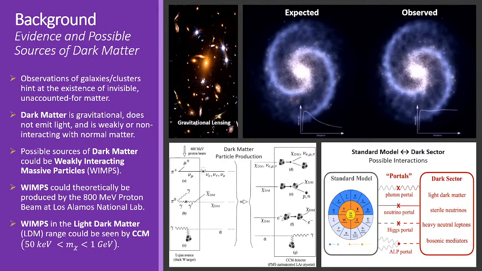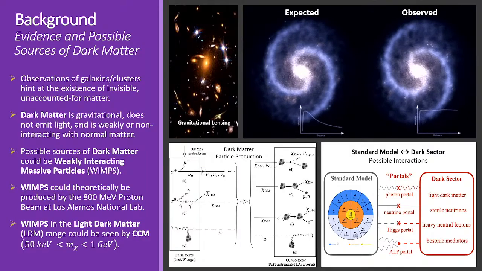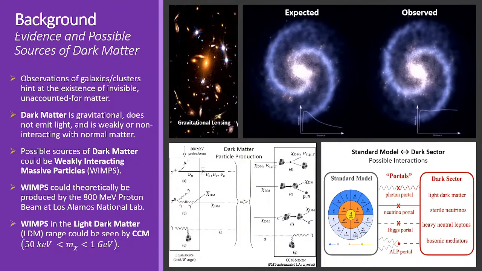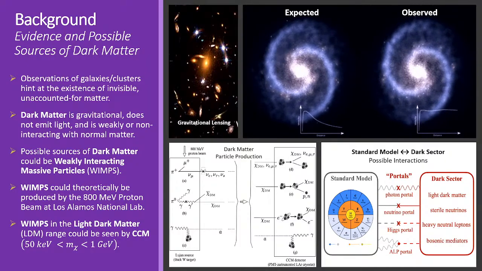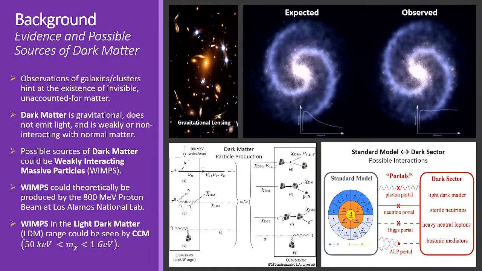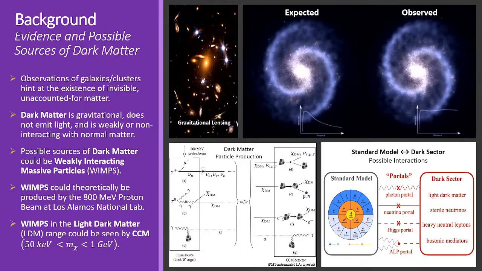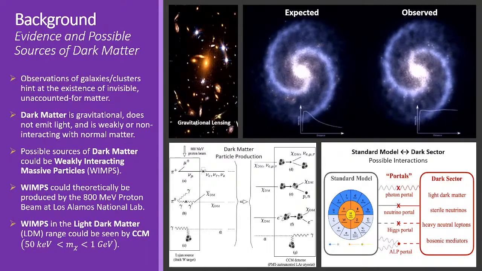We think a possible source of this dark matter could be weakly interacting massive particles, or WIMPs. Theoretically, they could be produced at Los Alamos by this 800 MeV proton beam. The CCM experiment can see WIMPs in the range of what we call light dark matter, from 50 keV to 1 GeV, that's about the energy of a fraction of an electron to about the energy of a proton.